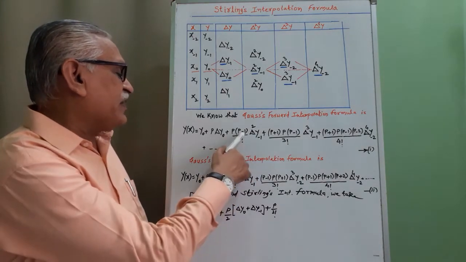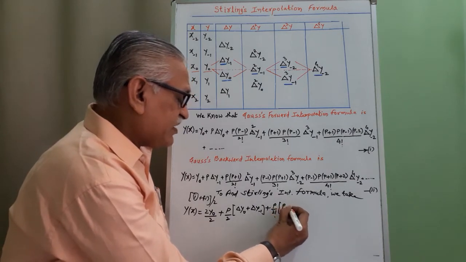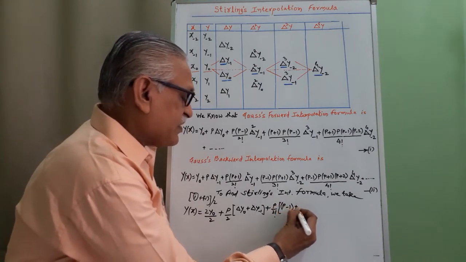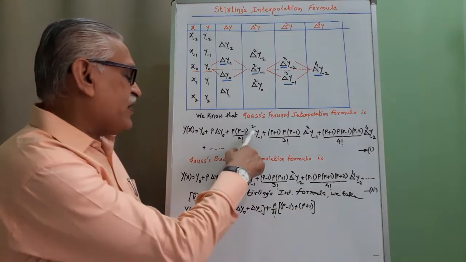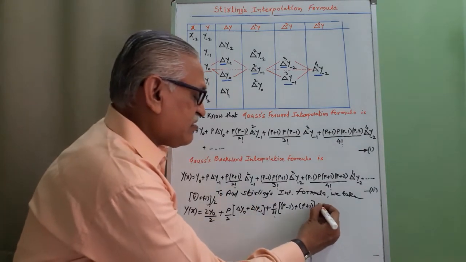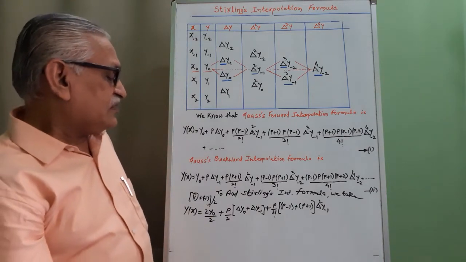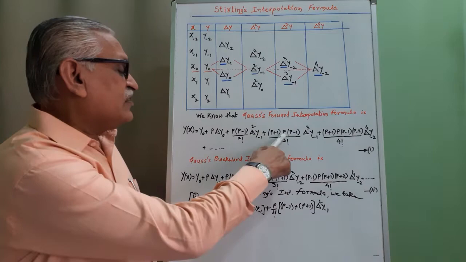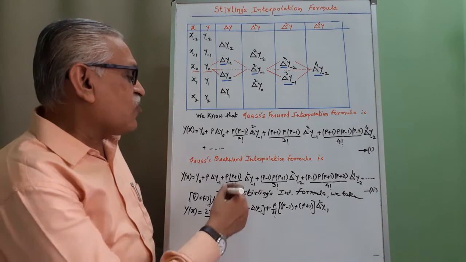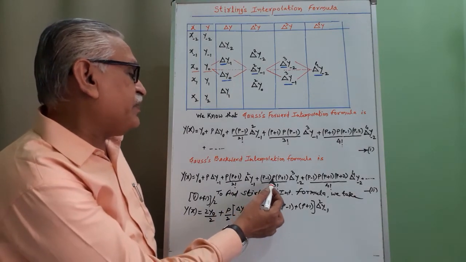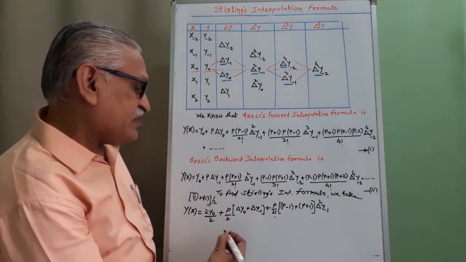The remaining terms are p minus 1 and p plus 1 in the bracket, and the common factor is del square y minus 1. Next, the sum of these two terms and then the average of them; here p minus 1 and p plus 1 can be taken as common.